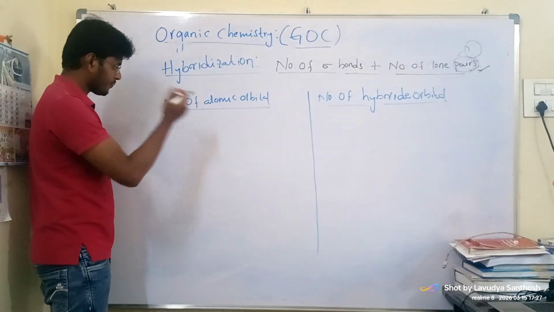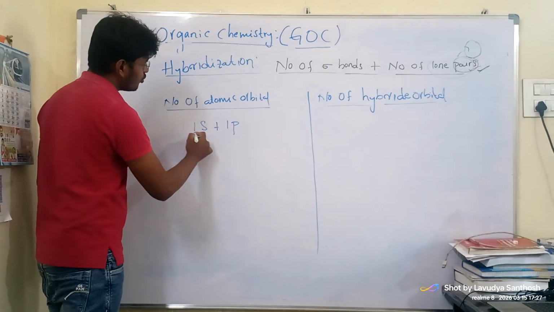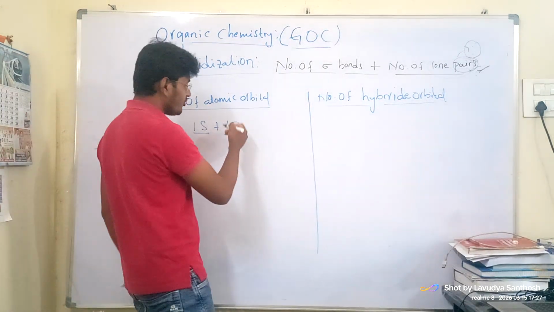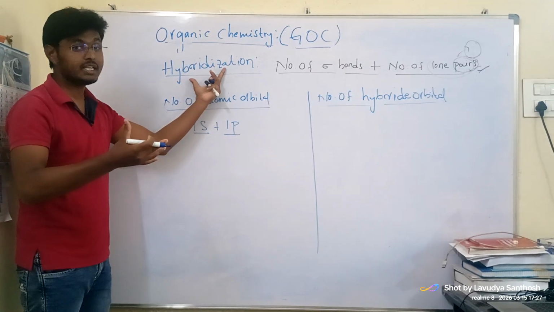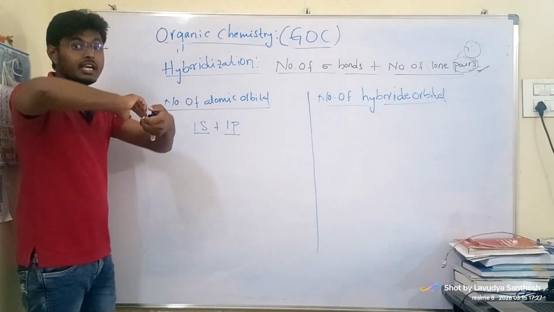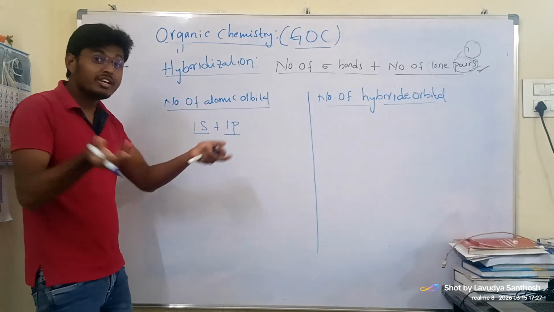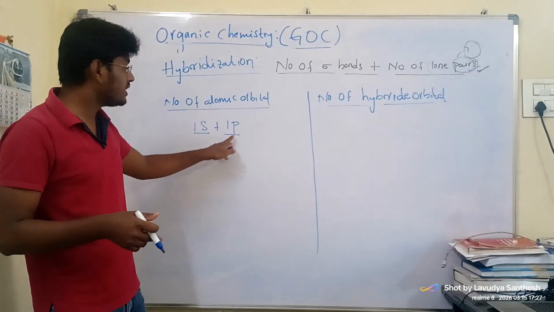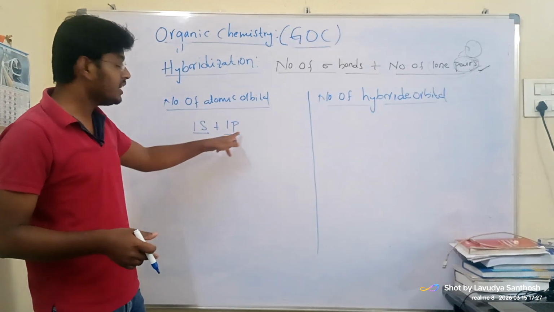Now you see, if 1s orbital plus 1p orbital mix, what is that? Hybridization, the intermixing of atomic orbitals. It can be sp, sp3d, and so on.